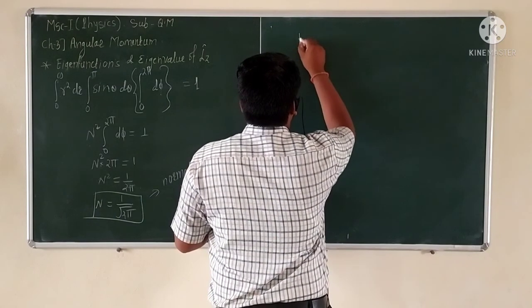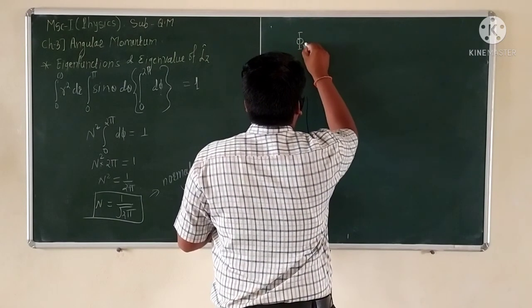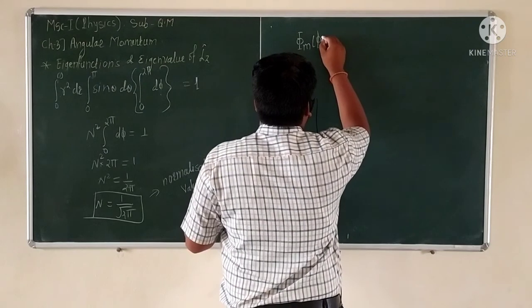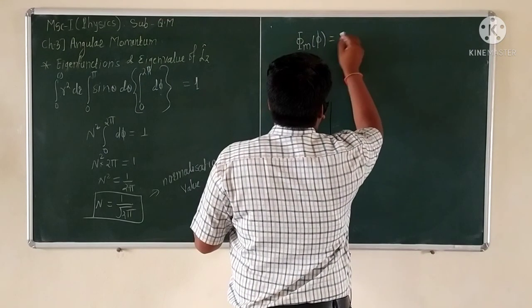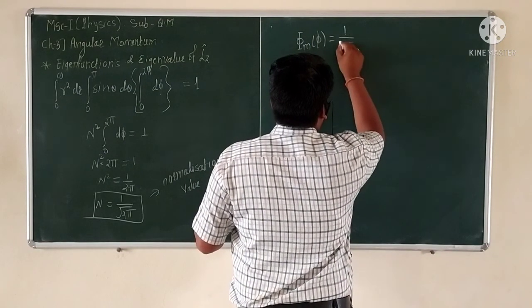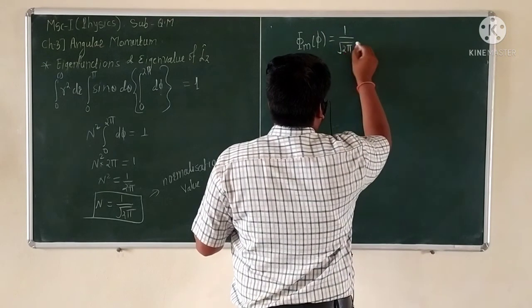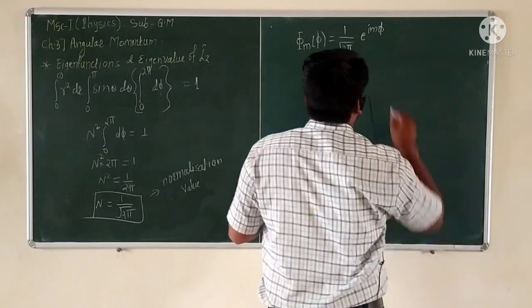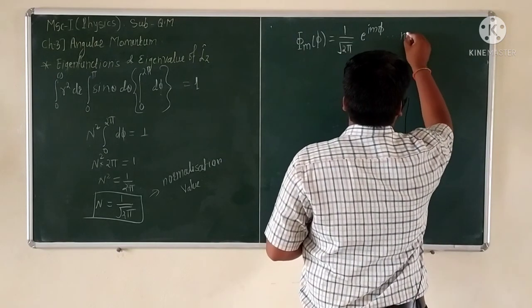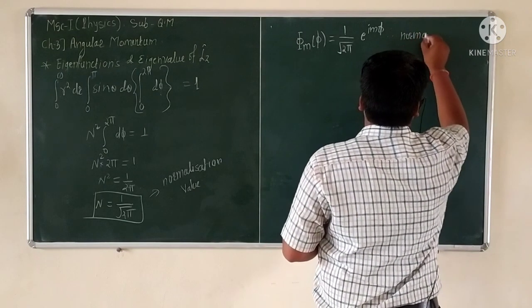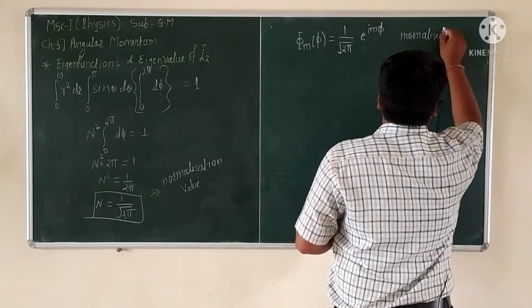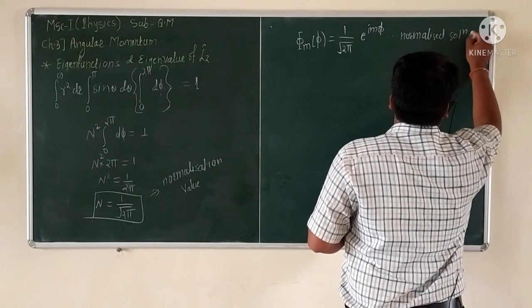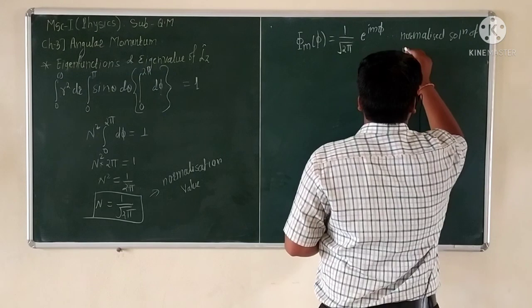This is given as capital Phi_m of small phi is equal to 1 upon the square root of 2 pi, e to the power i m phi. This is known as the normalized solution of the equation.